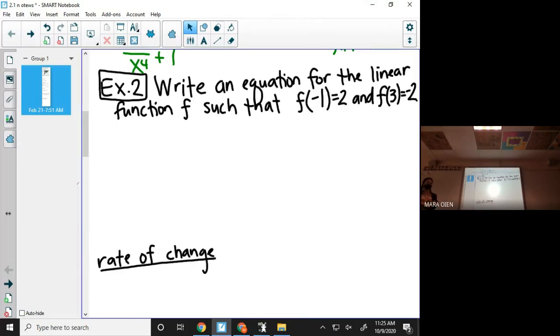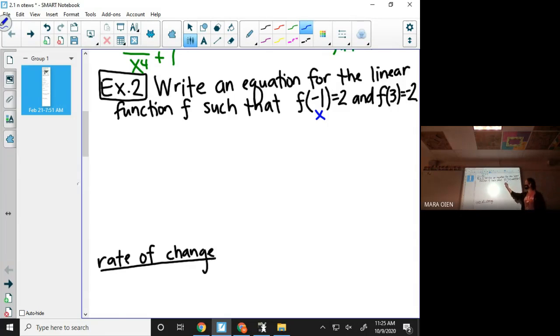They want a linear function. That's just a linear equation. Normally we write those as y equals mx plus b. Okay. And they gave us f of negative 1 equals 2 and f of 3 equals negative 2. Normally I write it as f of x. So when they give us this f of negative 1 equals 2, they're actually giving you an ordered pair.